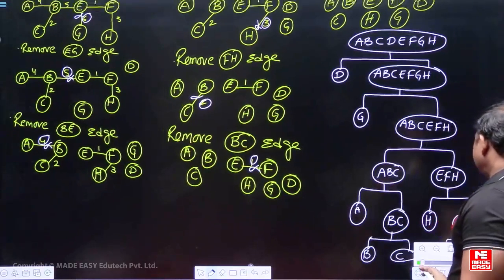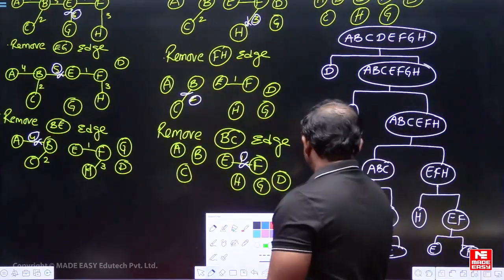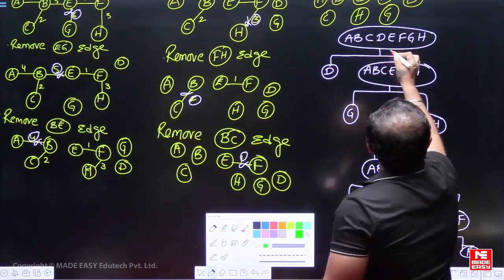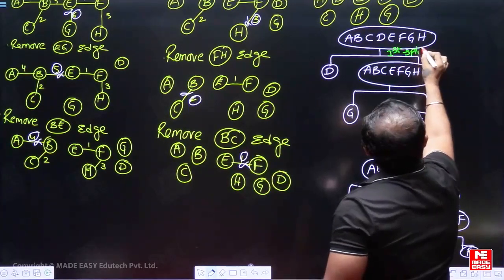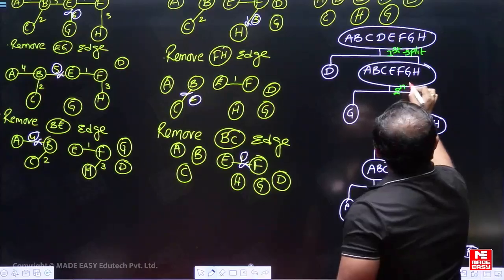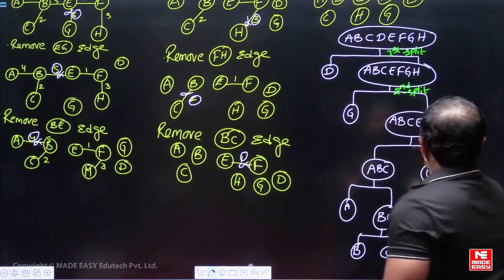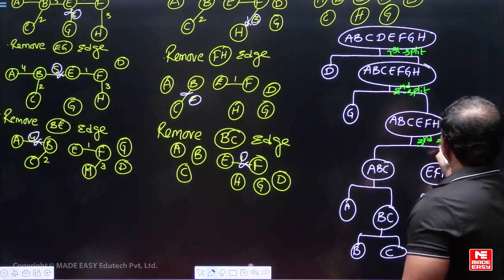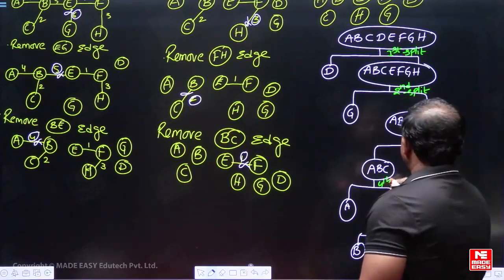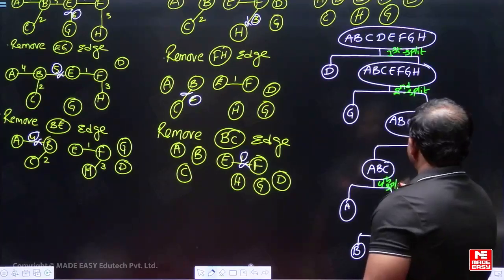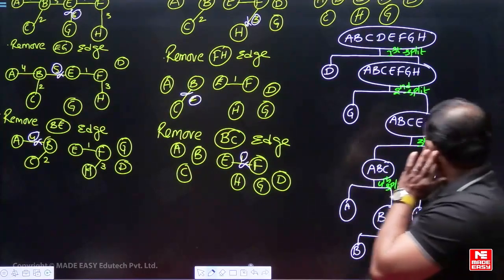So now you just see the splitting levels. Okay. This is first split. This is second split. Okay. So this is third split. This is fourth split. Is it correct? That is fourth split now.